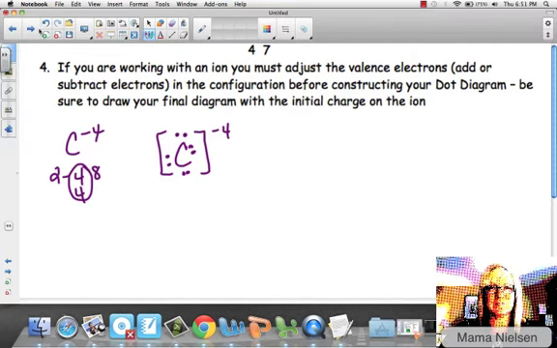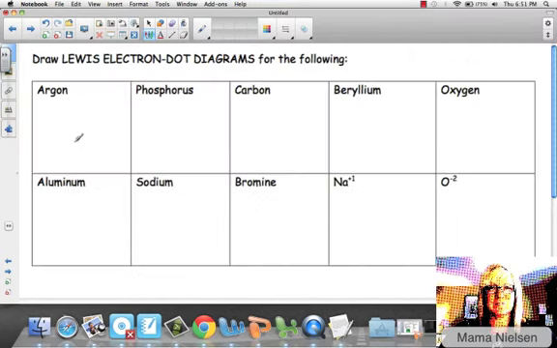So let's do some practice ones. Argon is located in group 18. It has an electron configuration of 2, 8, 8. Remember, I'm only interested in the last number. So argon, 1, 2, 3, 4, 5, 6, 7, 8. Done. Phosphorus has an electron configuration of 2, 8, 5.